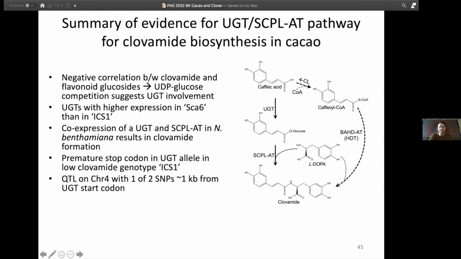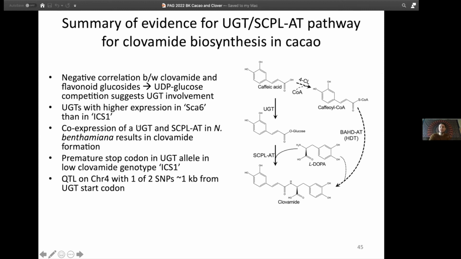So just to summarize the evidence for the UGT SCPL pathway being used by cacao to make clovamide, we had a negative correlation between clovamide and flavonoid glucosides. That implied UDP glucose competition between the two pathways, which suggested a UGT involvement. We had some UGTs with higher expression in Scavina6 and ICS1.